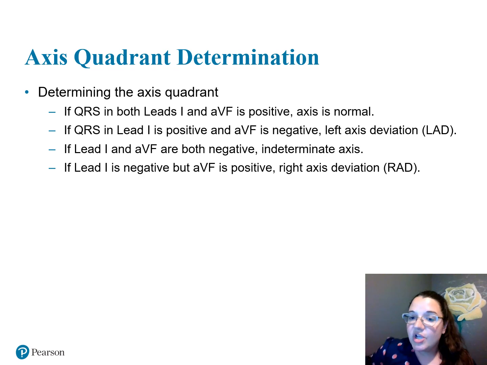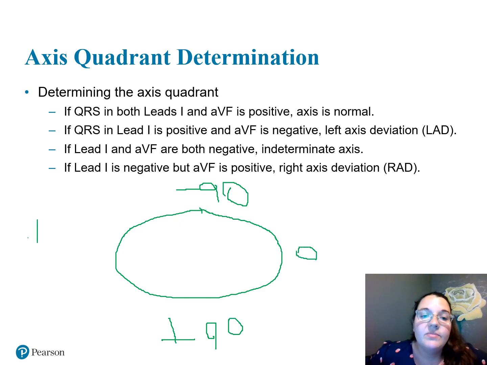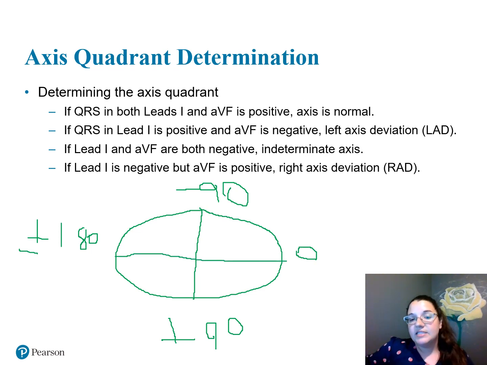But you also need to know on the compass what degrees you're at. So remember, the best way, draw that circle. I'm negative 90 up top, positive 90 on the bottom, 0, and positive negative 180. I have my AVF up and down, lead 1 right to left.